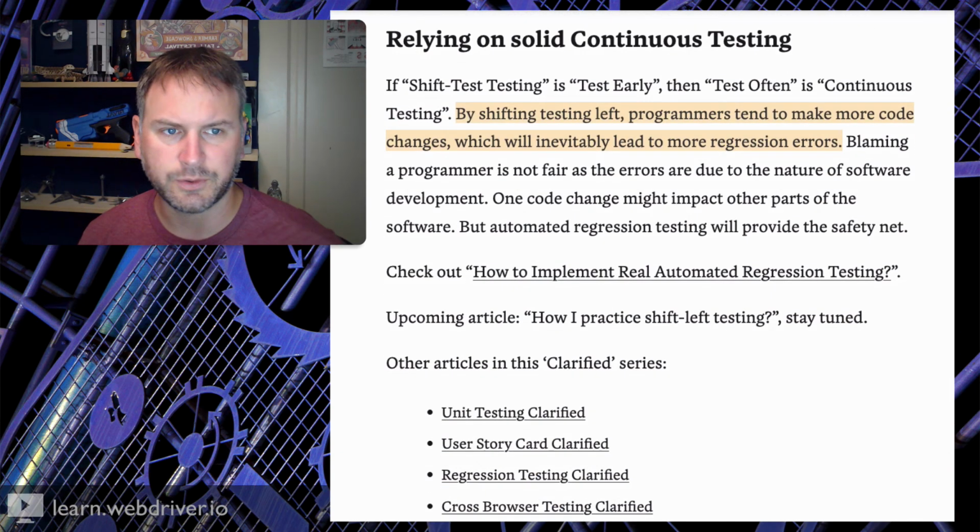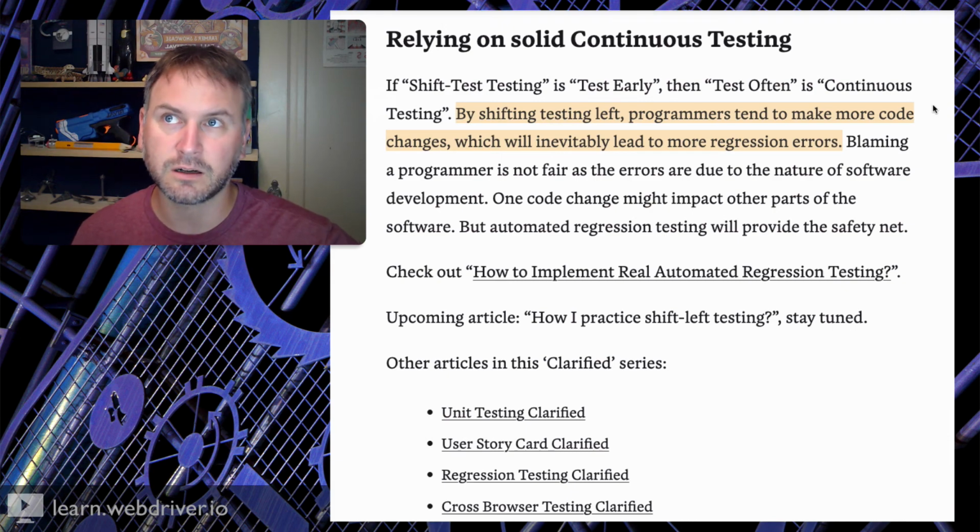"Relying on solid continuous testing. If shift-left testing is test early, then test often is continuous testing. By shifting testing left, programmers tend to make more code changes, which will inevitably lead to more regression errors." I'm trying to think why shifting testing left makes programmers make more code changes.